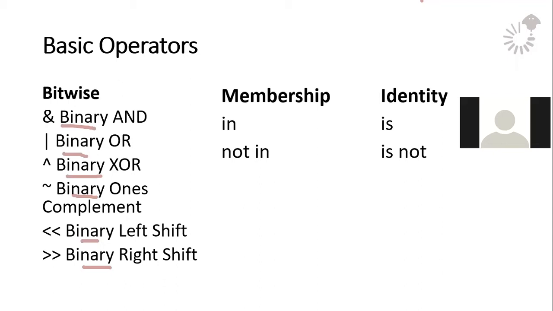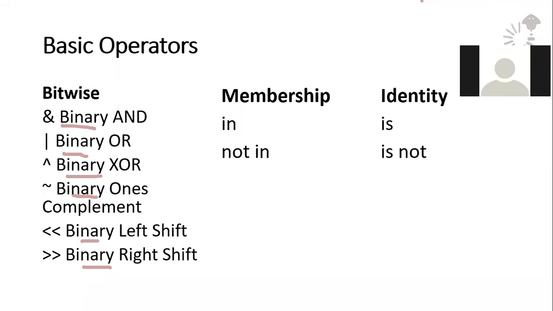Ano yung sabi ni Jairus kanina? Sa binary, ang digits natin ay 1 or 0. Sa decimal, anong digits natin sa decimal? Yung normal, we have 0, 1, 2, 3, 4, 5, 6, 7, 8, and 9.